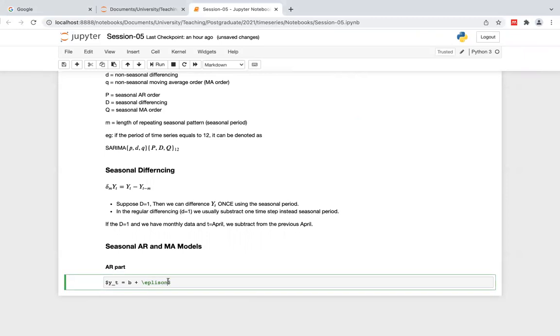Then epsilon t plus what else? We have alpha 1, and that's the problem where we have to incorporate the seasonal component. We can write y sub t minus m.